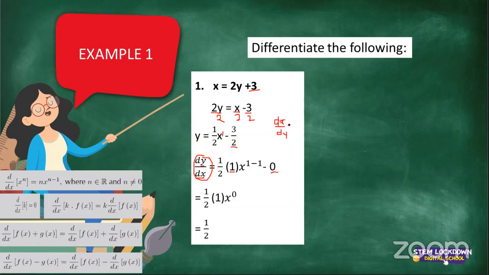So the answer for this will simply be, if we're using the same term, dx over dy, this will simply be 2, because now we are differentiating with regards to y. Most of the time they will give you the question showing you if you have to find dy dx or f prime. If they say f prime of x, then you know it's simply that.